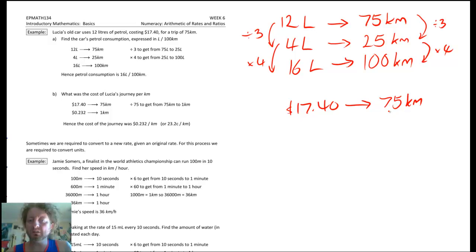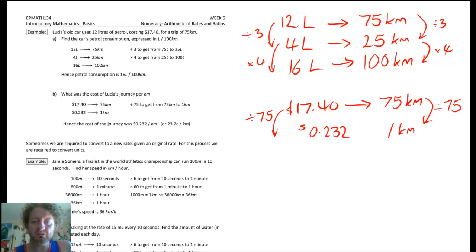So I know that 75 kilometres cost us $17.40. I want the cost per kilometre. How do I turn a 75 into a 1? I divide by itself. So I'm going to divide both sides by 75, and if I get $17.40 and divide by 75, I get $0.232 for 1 kilometre. In other words, 23.2 cents. Good. Alright.